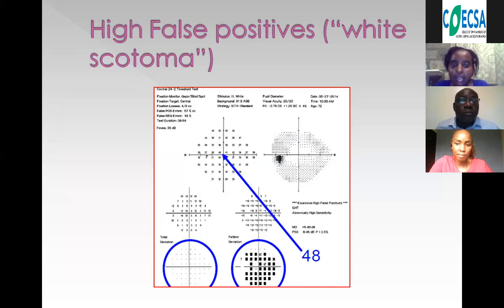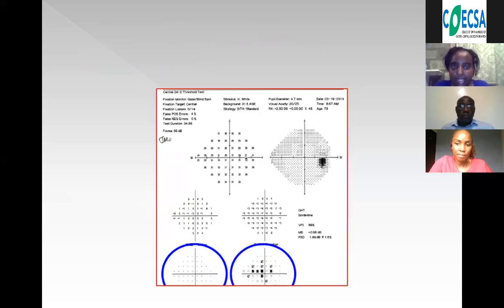In high false positives, you find the pattern deviation is better than the total deviation. So that is not a true defect. In this case, the patient repeated the test, but now their fears and anxiety were allayed, and the test performed much better.